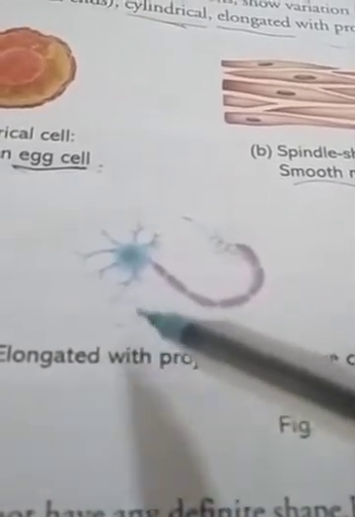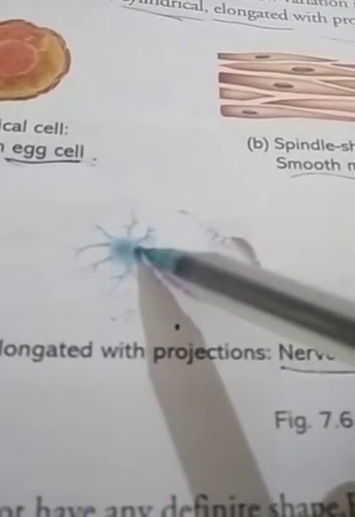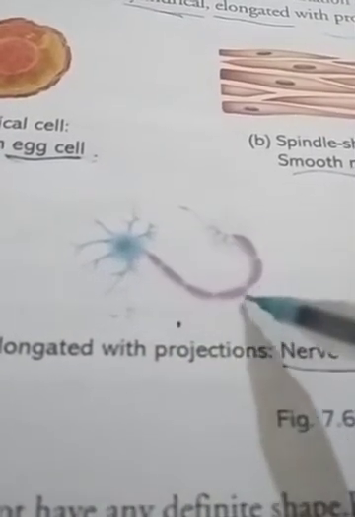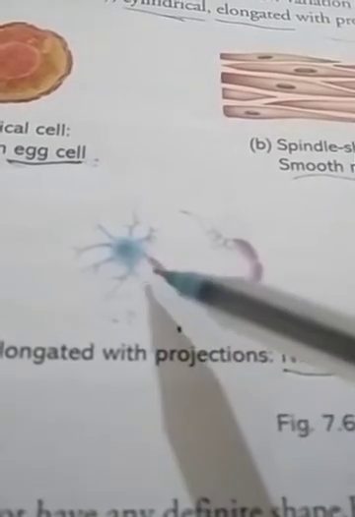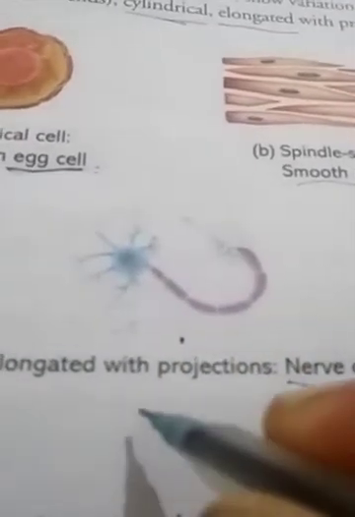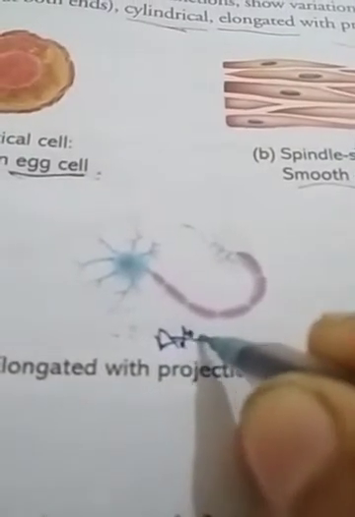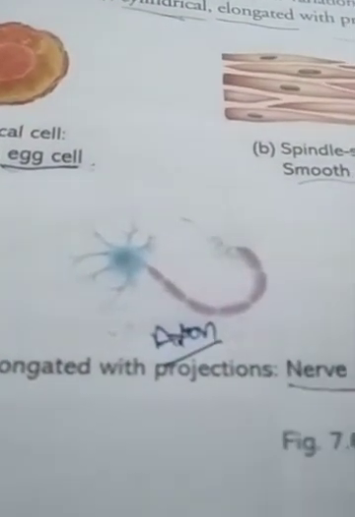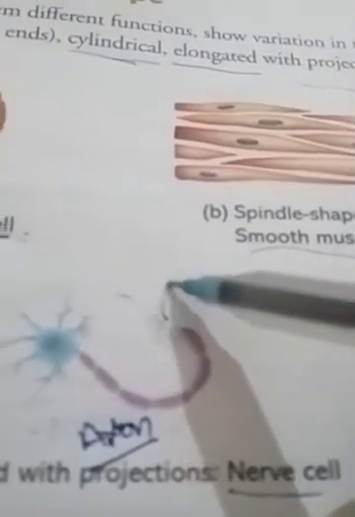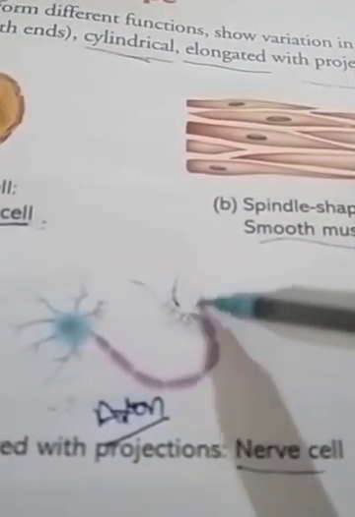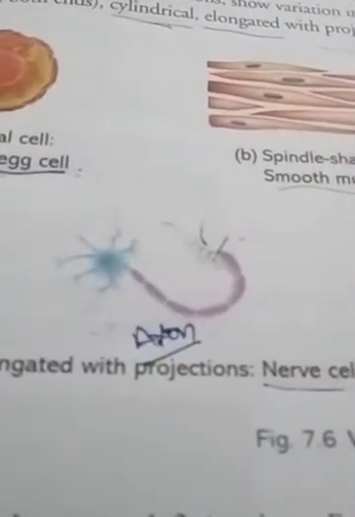It's the structure of the nerve cell, and this long elongated projection is an axon. When you go to the 9th class, you will read the detailed structure. And these are the nerve endings. So this is the structure of nerve cells.